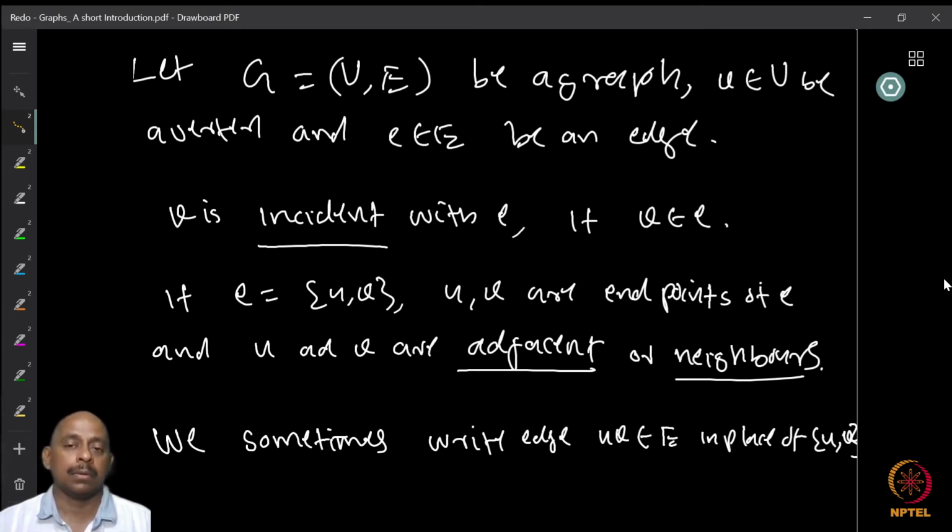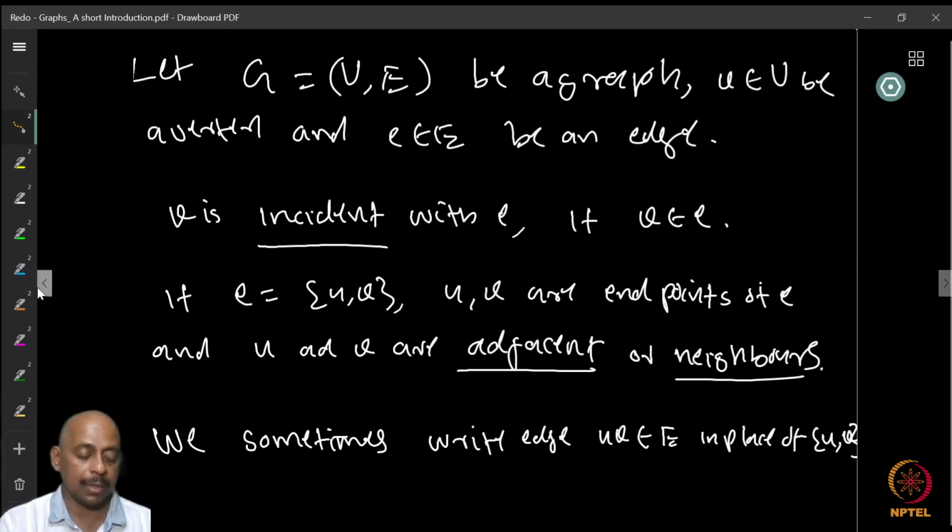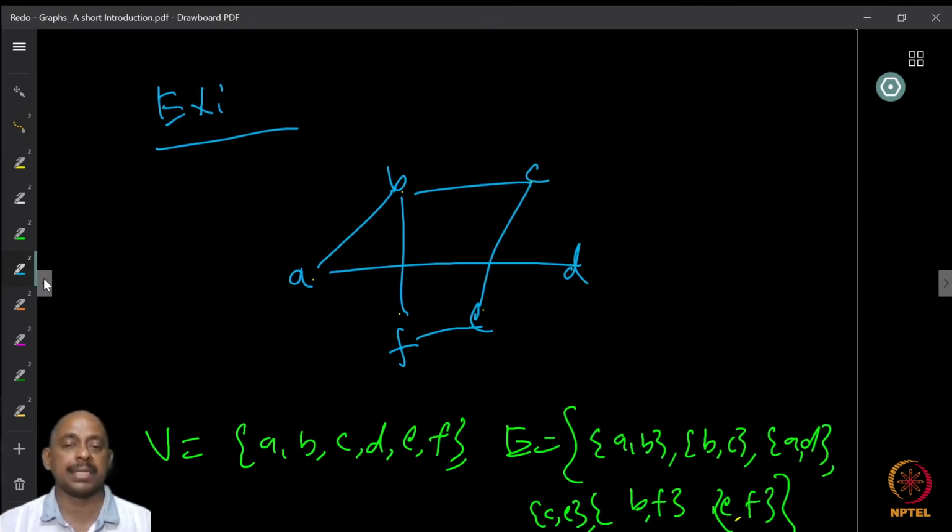Now, the names, like endpoints, incident, vertex, all these things come from the pictorial representation. For example, in the representation of the graph, you will see that AB is a line segment or a curve, and A and B are basically the points.